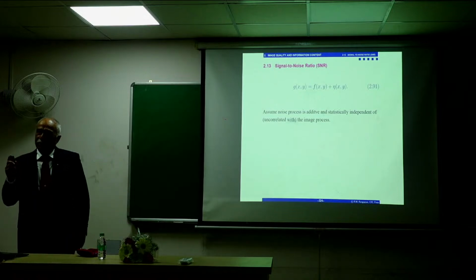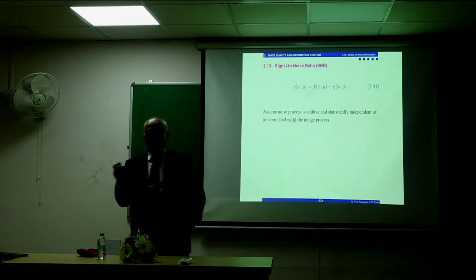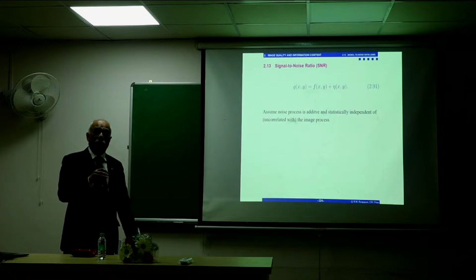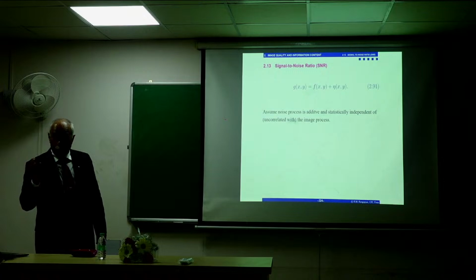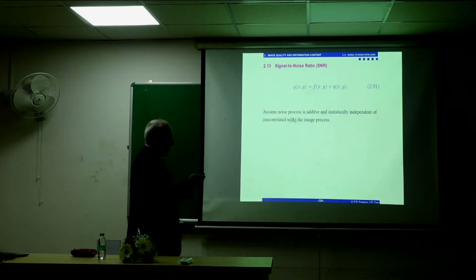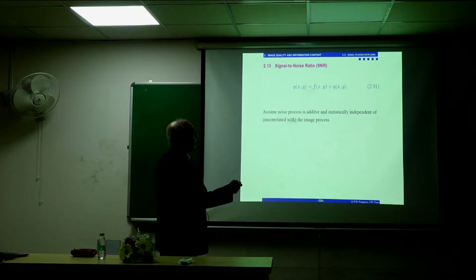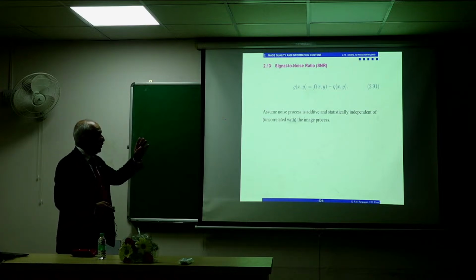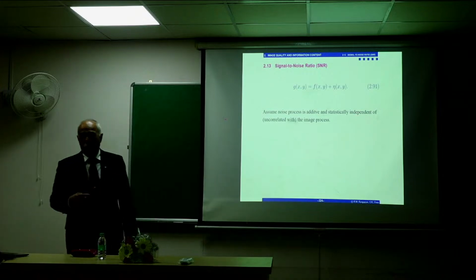When there is noise, typically we assume noise to be additive. In 1D signal processing, mostly it is additive. In image processing, most of the time it is additive, sometimes multiplicative also. But let's start with additive. g(x,y), the image you get, is f(x,y), the original image, plus eta(x,y), some noise field. So we are assuming it to be additive and also statistically independent or uncorrelated with the image.